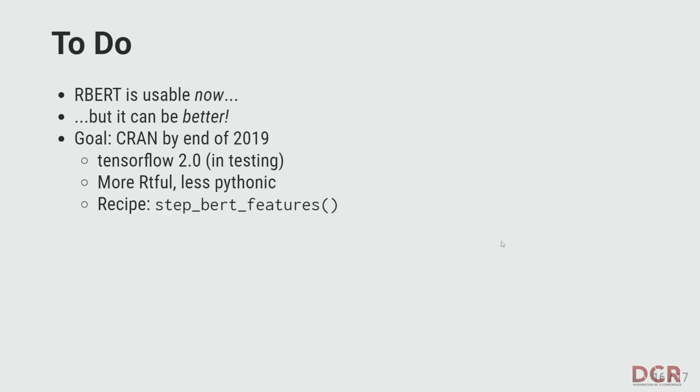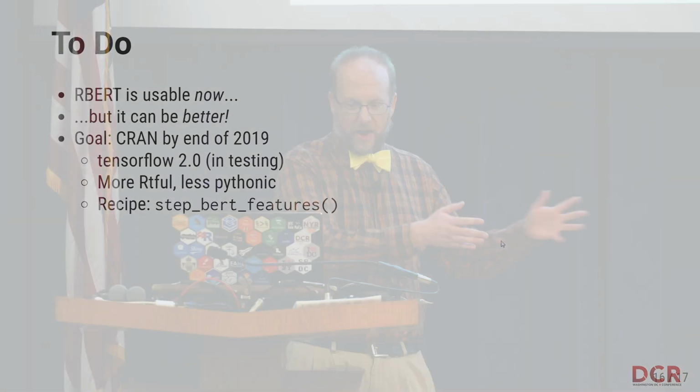And towards that, right now, it works with TensorFlow 1.13 in that range. We're going to upgrade it to TensorFlow 2.0, which just came out. That's in testing right now, and actually Jonathan is back in Austin working on that right now. The other thing we want to do is we basically copied this code from the Google Python code.